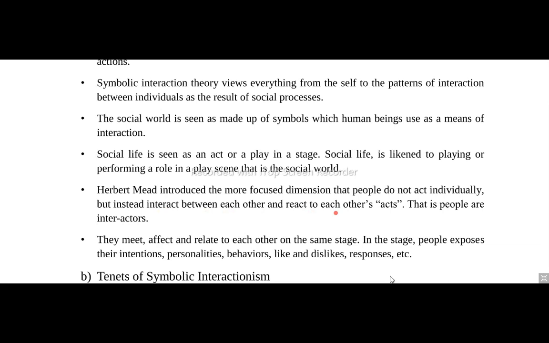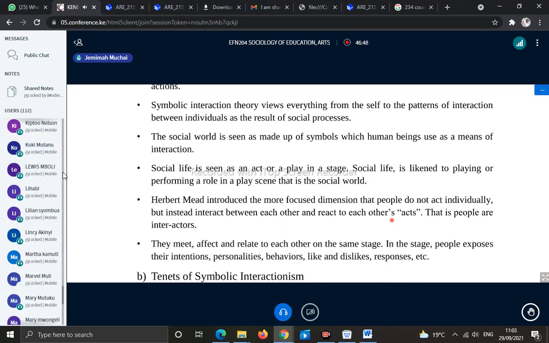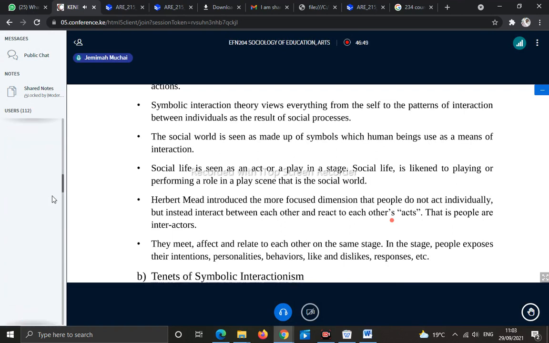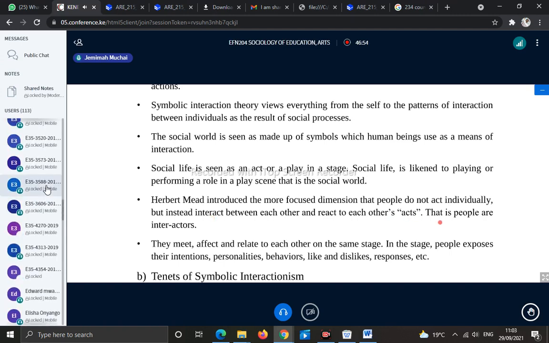For example, if I come to class and I hug one of the students in the class, how will others see it? They will react to that action that I've done. Or if I come to class and I start abusing one of you, how will others react? So we interact and react to others' acts.